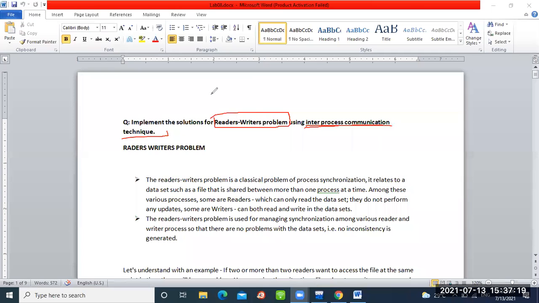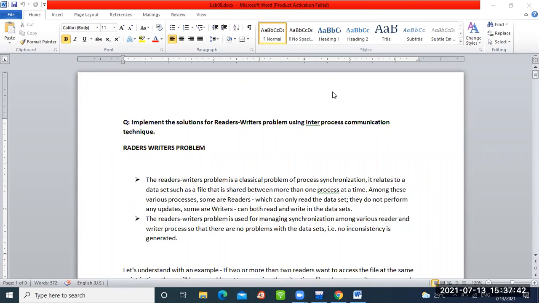Once we understand how to solve it, we will write a C program to achieve the solution. So let's first understand what the reader-writer problem is.